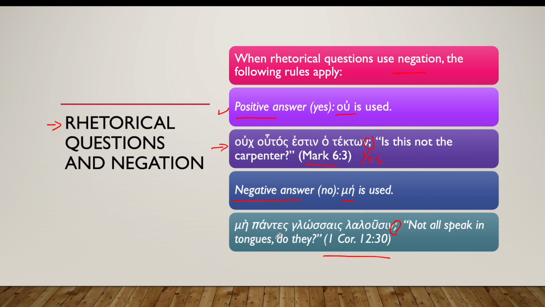The question marker. Not all speak in tongues, do they? And of course the answer is no, of course not. Not everyone speaks in tongues, because that's not a gift that is, in a sense, universal for all Christians. Some people get it, some people don't. That's the point that Paul is trying to make there.